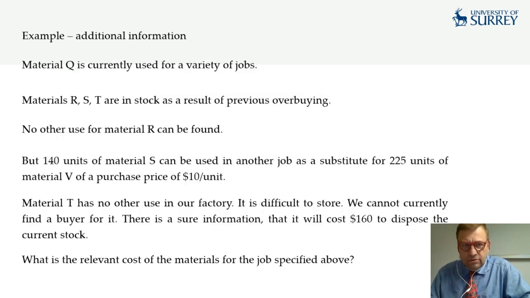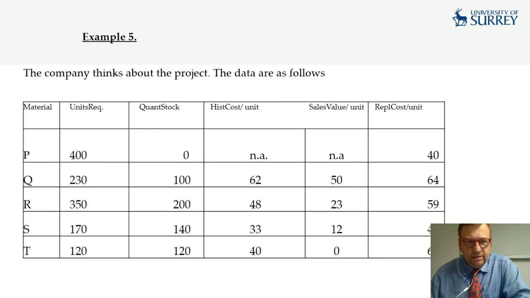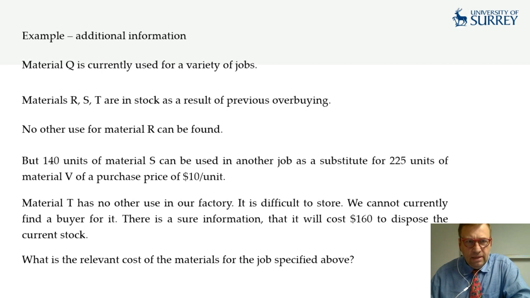We come to additional information. This additional information is really important because material Q is currently used for a variety of jobs. So P we do not have at all. Q we have, but it's normally used. Now, materials R, S, and T are in stock, but as a result of previous overbuying.